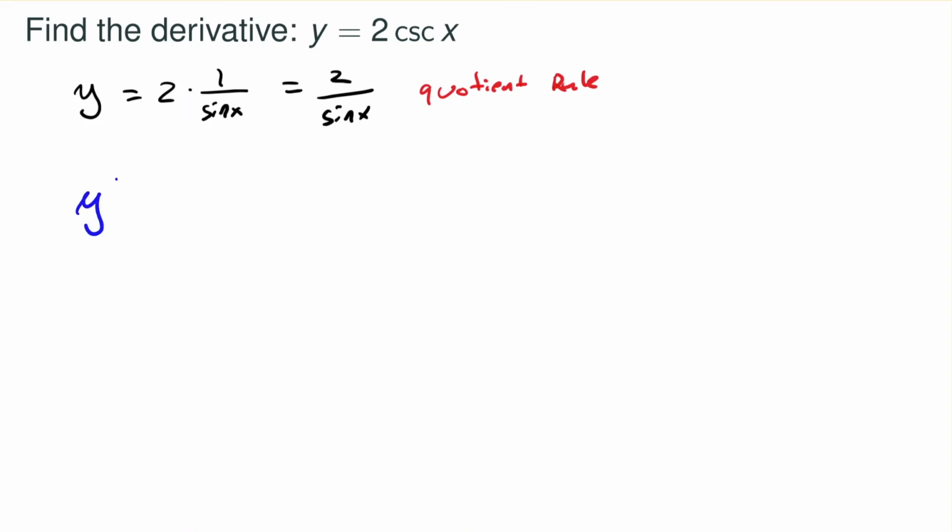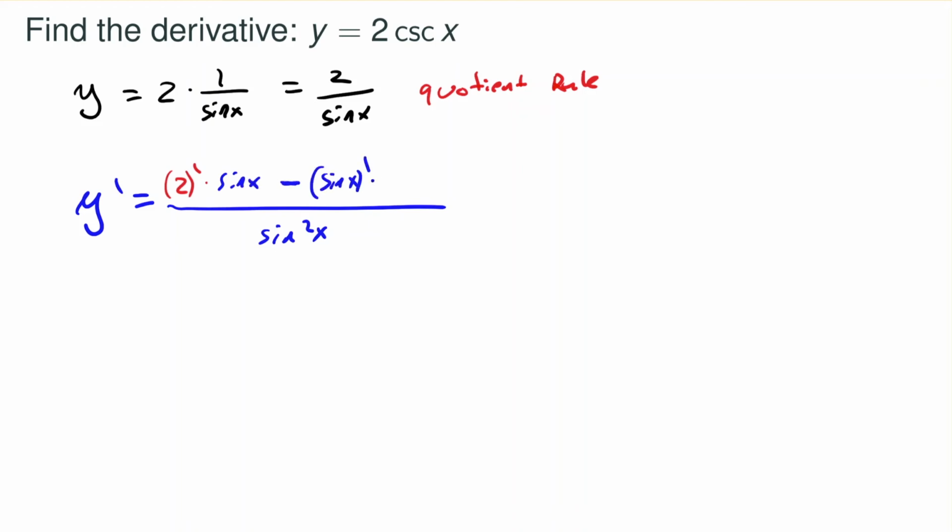So then y prime is first sine squared x in the bottom, then derivative of top, 2 prime, times just the bottom function, minus derivative of bottom function times 2.